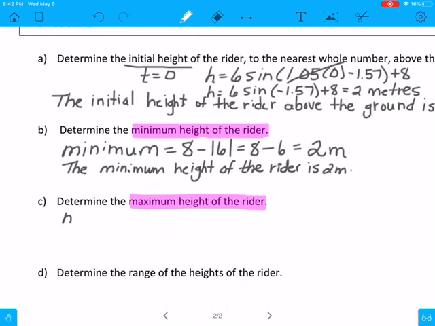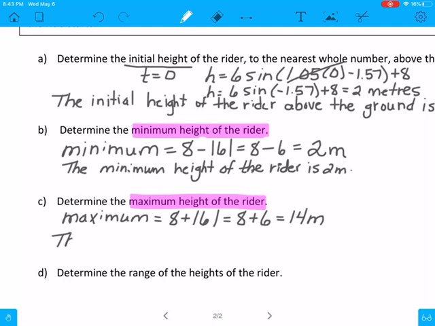Now let's do the maximum, which I already did by accident above. The maximum equals 8 plus the absolute value of 6, which equals 8 plus 6, which equals 14 meters. So they get on the ride at 2 meters, and they go to a height of 14 meters, and they go back down to 2, up to 14, down to 2. It's just a Ferris wheel, right?